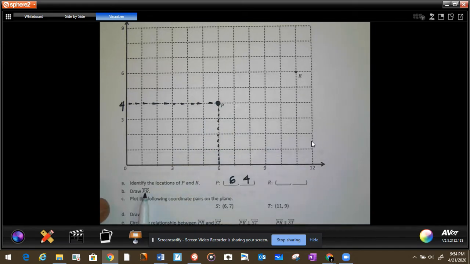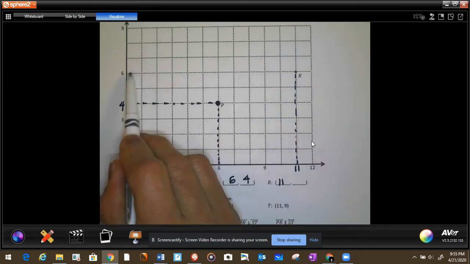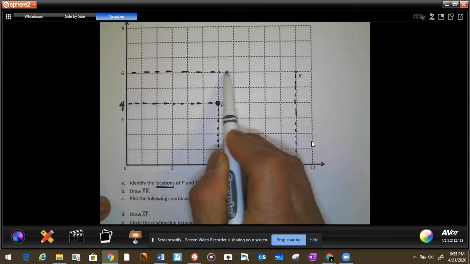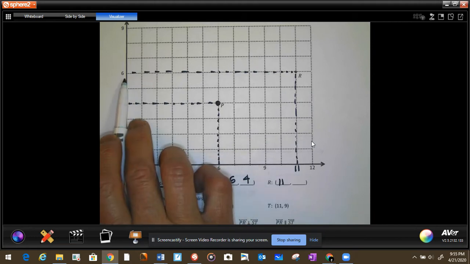And we need to find the location for R. R is right here. So we're going to run to find the X. That's going to be 11. That's 11 for X. And we're going to jump to see what the y coordinate is. So the y coordinate is 6.